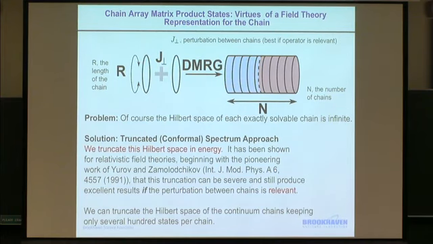The intuition we get from this old work by Yurov and Zamolodchikov is that we can truncate the Hilbert space of each of the individual chains and expect to get reasonably accurate answers coming out of this procedure. Now, typically when we do the truncations, we truncate the Hilbert space to say a couple hundred states.